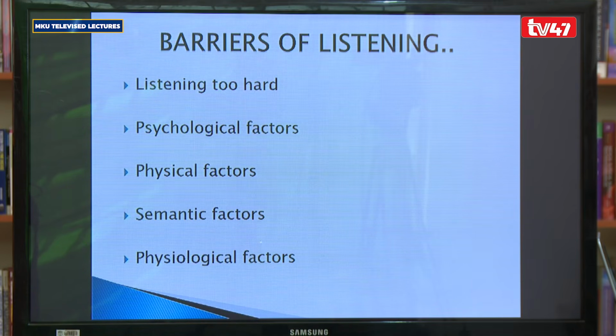Other barriers to effective listening, basically we have the semantic factors. Semantics is the study of meaning. And in meaning we said we have what we call the denotative and connotative meaning. The denotative meaning is the exact meaning that you have of a word from the dictionary.